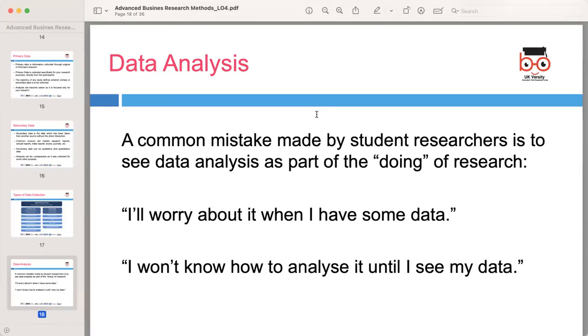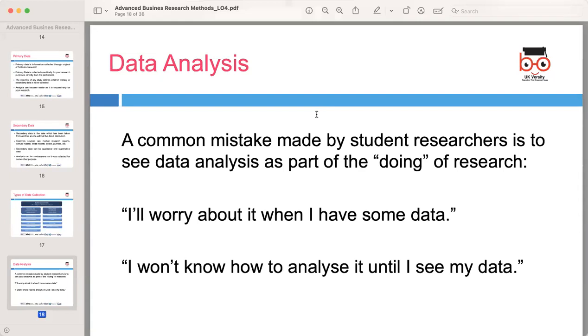By waiting until you have your data before thinking about how to analyze it, you may find yourself in a difficult situation. You might realize that you don't have the right tools or knowledge to analyze the data effectively. This delay can waste valuable time and potentially undermine the quality of your research.